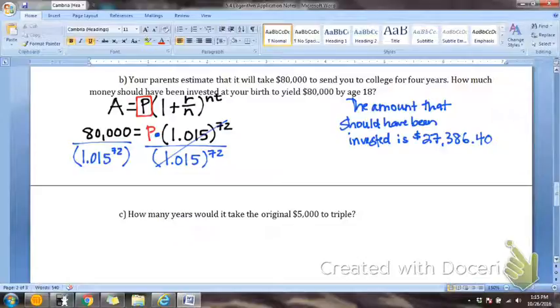That's a lot of money. Again, I don't know about you, but that's a heck of a lot of money to just have lying around.